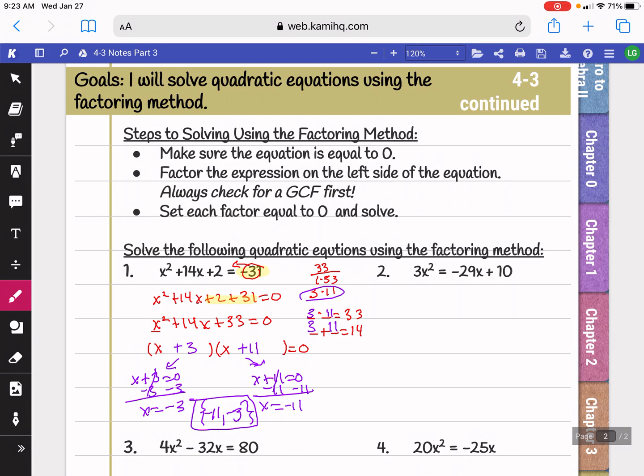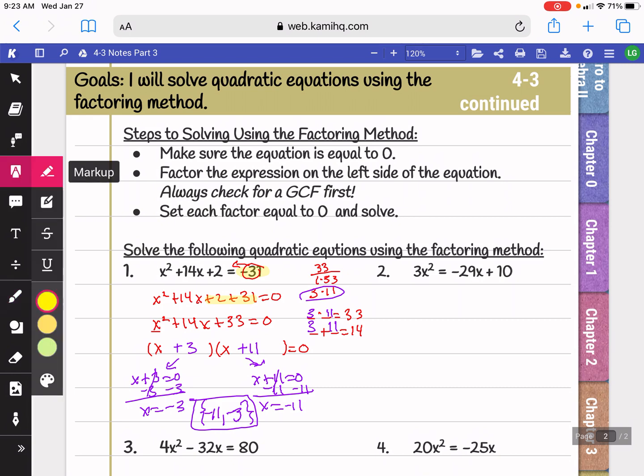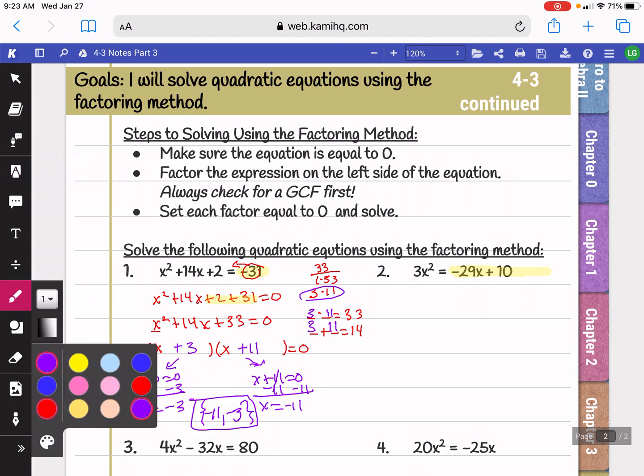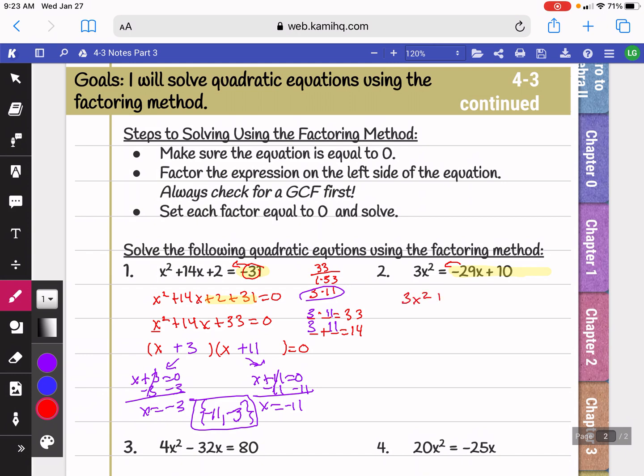Here in question 2, my equation is not equal to 0, so I need to move those to the left. So it's going to become 3x squared plus 29x minus 10. So remember, when you move things, they change signs.